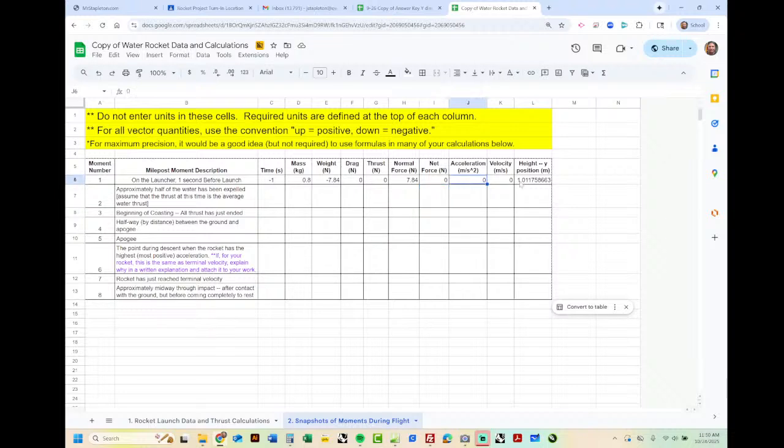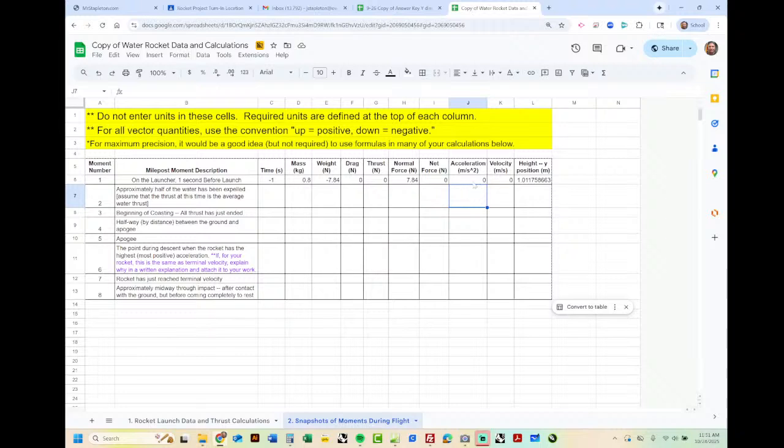And as another check, if I do the net force divided by the mass, I'm going to get an acceleration here that is correct.